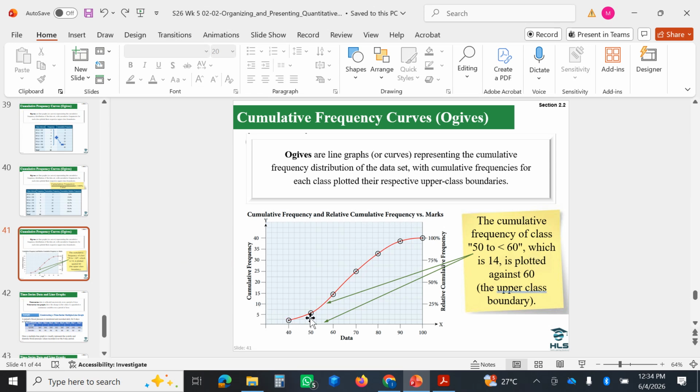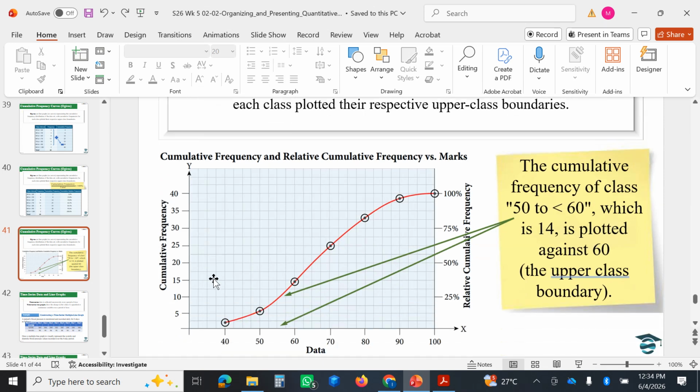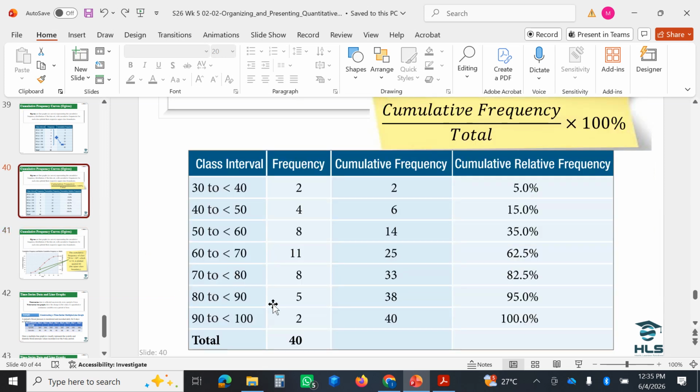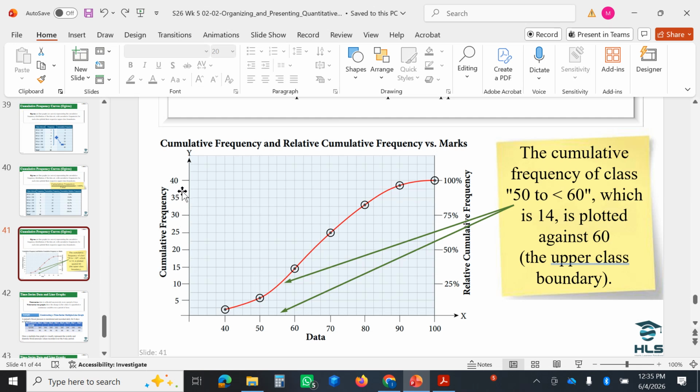Now, and this is how you do an ogive. And I'll just kind of zoom in here a bit. There's your cumulative frequency. And, you know what I mean, we had from 5 to 40. You can't have any more than that, right, for this particular graph. So you're going to have all the way up to 40. And then you'll see here, relative cumulative frequency, there's your percentage.